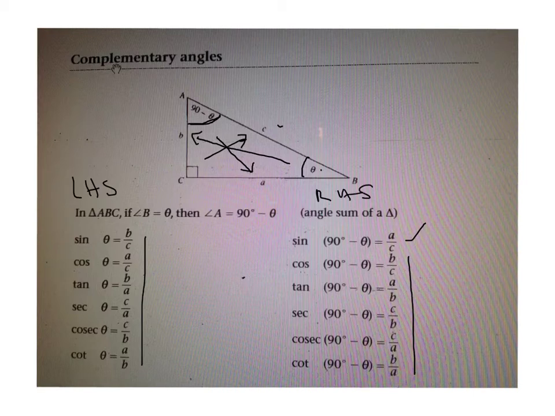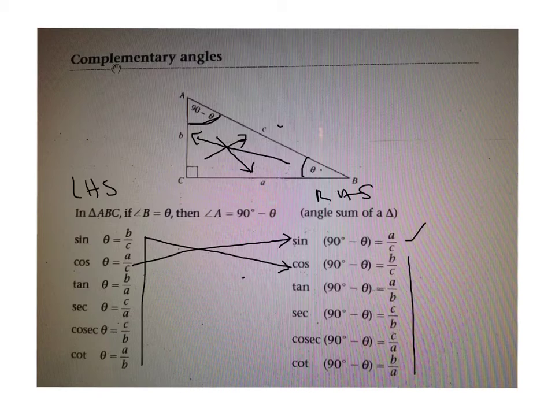If I match them up, look, sine theta is equal to little b over little c. Now that is the same as cos 90 minus theta, which is little b over little c. Then if I look at cos theta, which is little a on little c, that is the same as sine 90 minus theta.